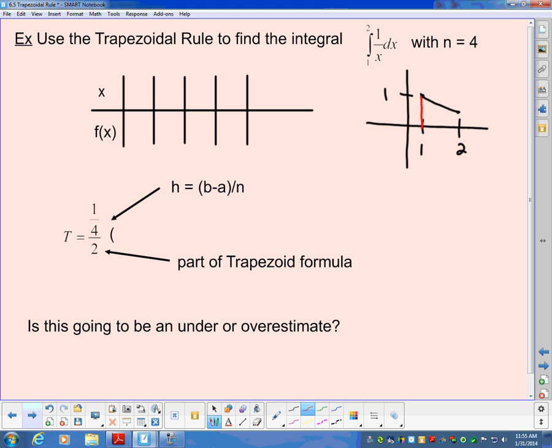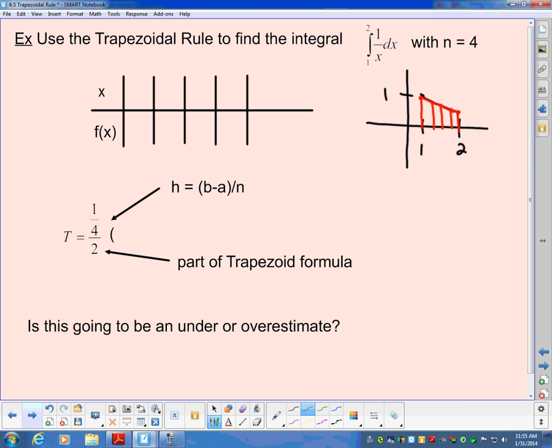I'm going to be splitting this into 4 trapezoids. So this first interval would go from 1 to 1.25, and then 1.25 to 1.5, and 1.5 to 1.75, 1.75 to 2.